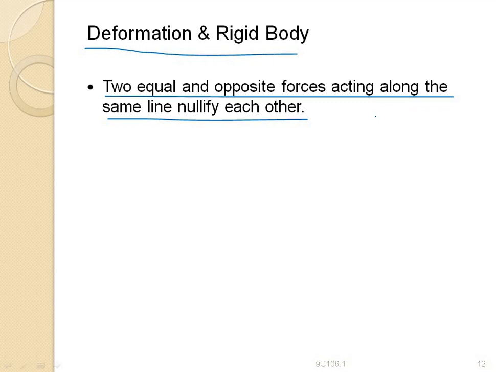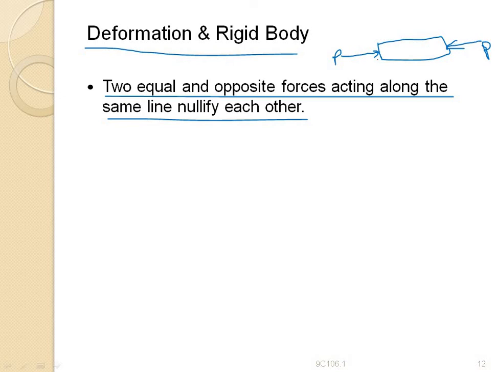So this is deformation and rigid body. That means on a body, this is one force and this is another force. These two forces are acting on the body as equal and opposite forces.